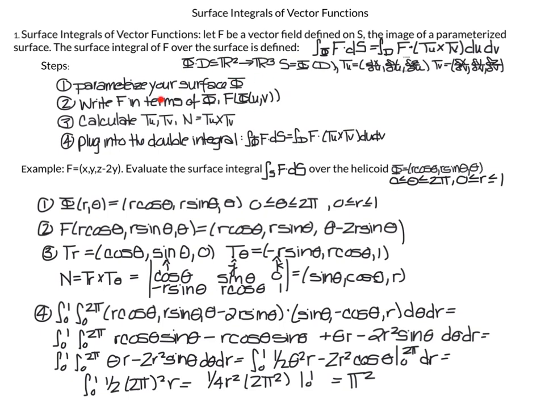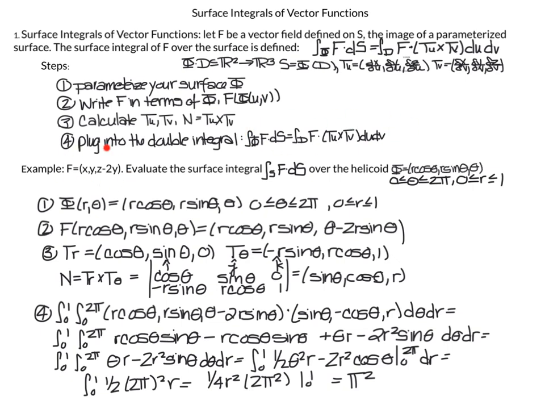Next, we calculate the tangent vectors of phi. So if phi is defined on u and v, we take the partial derivative with respect to u, the partial derivative with respect to v, and then we calculate the normal to the surface by doing t_u cross t_v. And finally, we plug these components into our double integral.